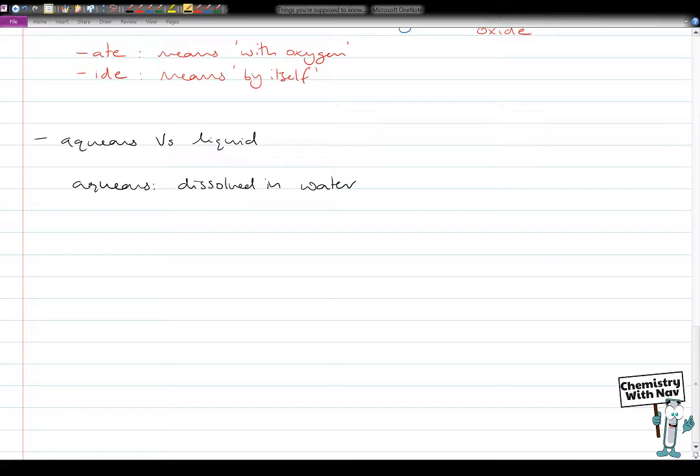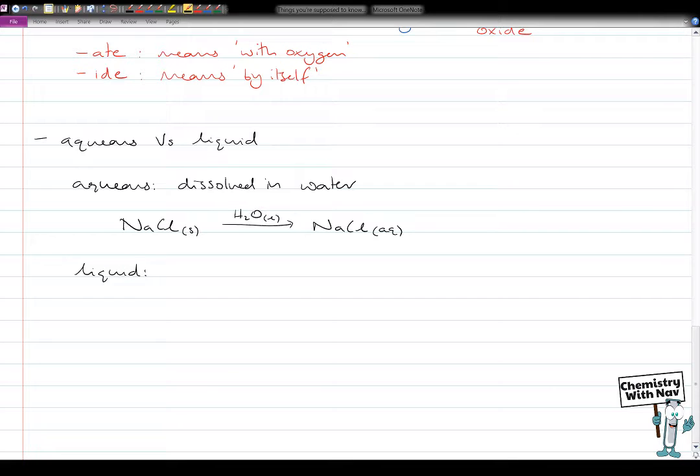You have, let's say, sodium chloride, which is a solid. You get some water involved, and that makes sodium chloride aqueous. So that's if you have, let's say, a glass of water or a pan of water on the stove, and you add some salt to it, some common salt. That would be salt dissolving in water. It becomes a solution.